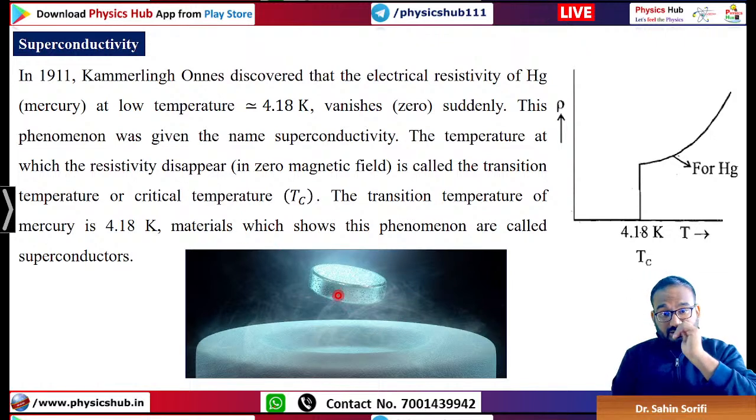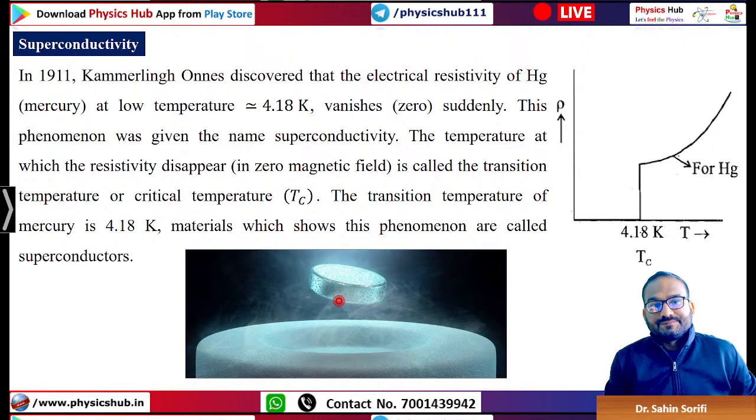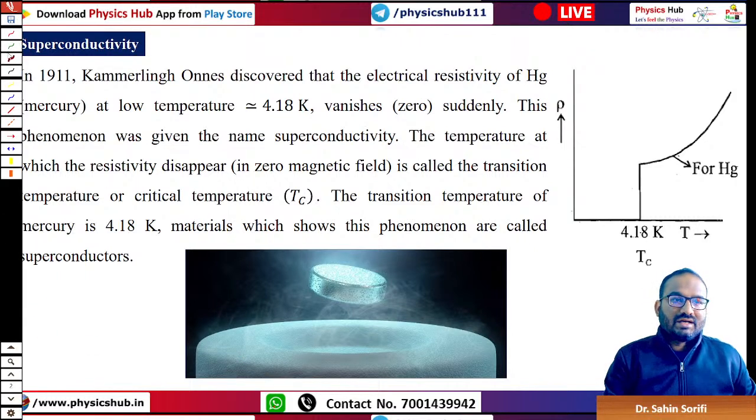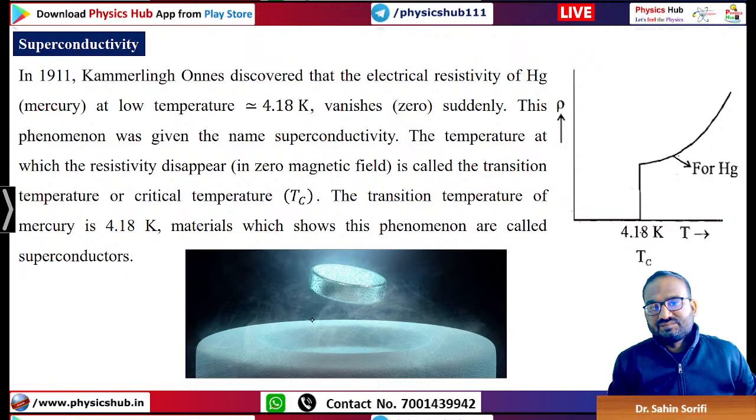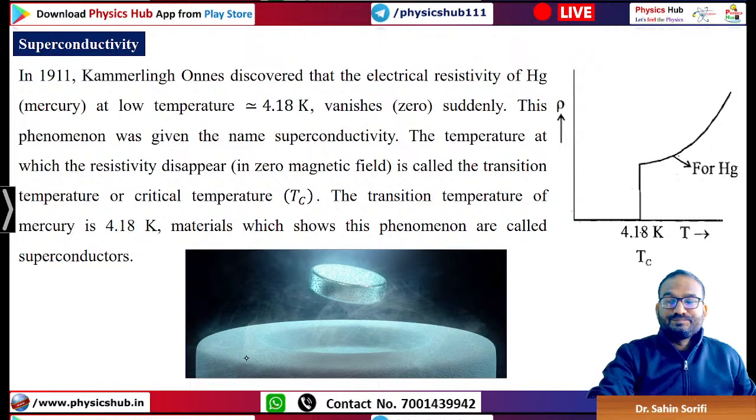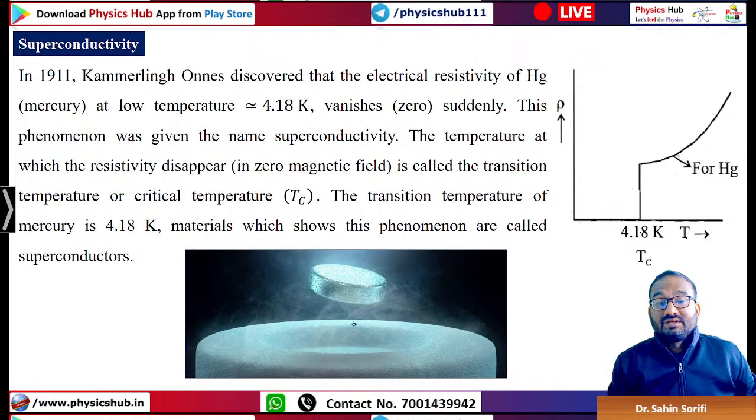As a result, it levitates, and it has good applications. For example, a high-speed train can be built by using this phenomenon. You must have seen a video like this, where it will levitate and rotate without any physical connection.